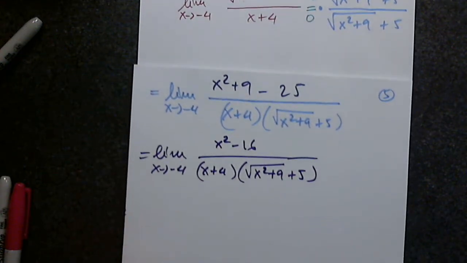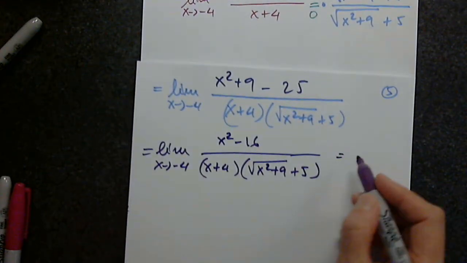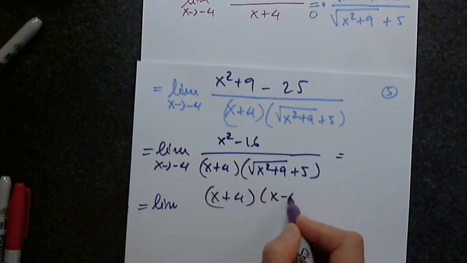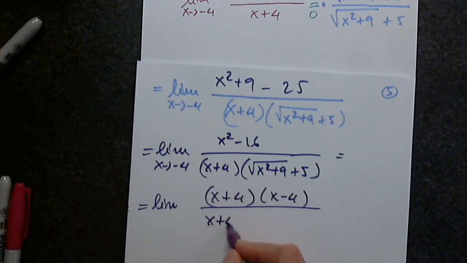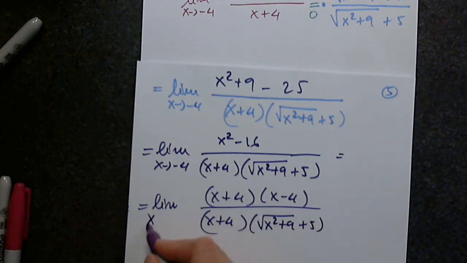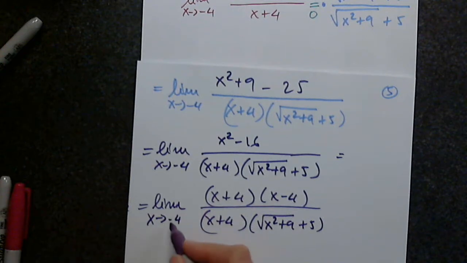Good. What do you think about the top? X plus 4. Right. And as expected, from the very beginning, it happens, right? What is it?